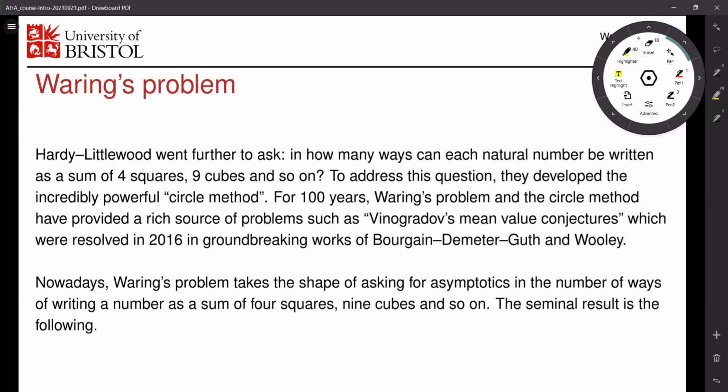And in particular, there's been some fantastic progress on the Vinogradov mean value conjectures, or the optimal estimates in the Vinogradov mean value theorems, several different names for it, that were only solved 5 years ago by Bourgain, Demeter, Guth, and by Wooley. Okay. But nowadays, we're going to study Waring's problem in the modern form. And that's where you're going to ask for the asymptotics and the number of ways to write a number as a sum of 4 squares or 9 cubes or so on. Okay.